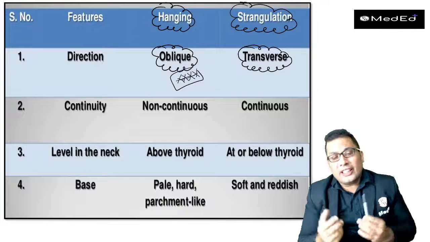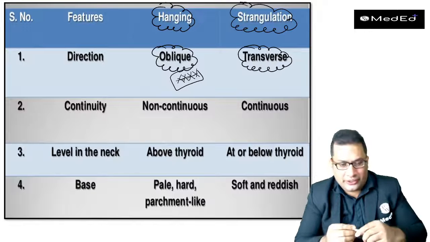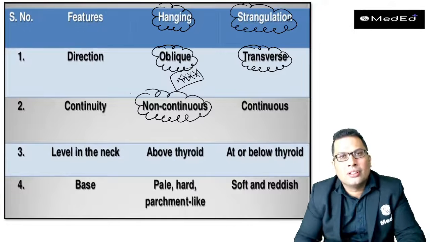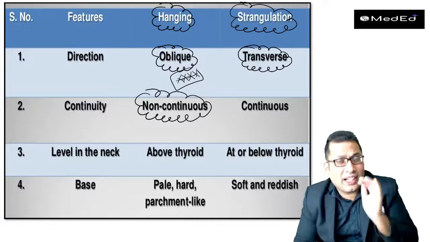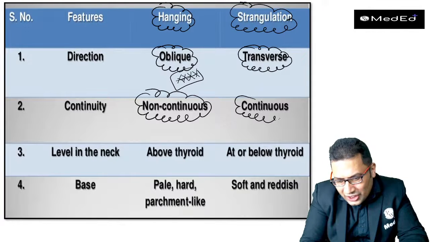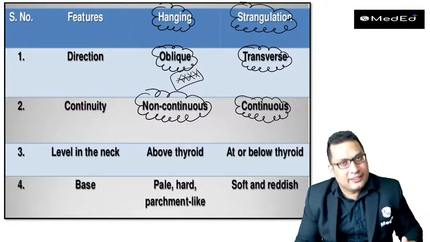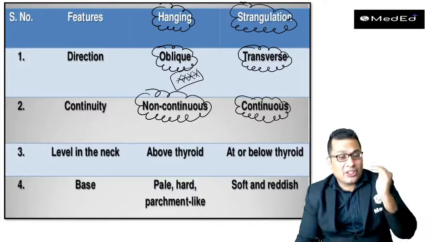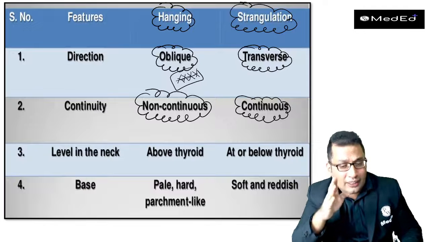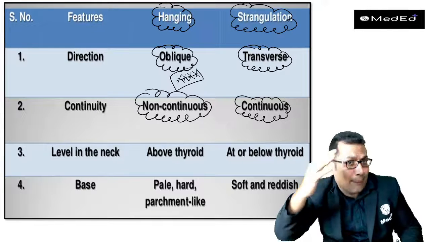Continuity: in hanging, the ligature is non-continuous, usually absent at the site of the knot. But in strangulation, it is continuous, completely encircling the neck. Then the level in the neck: in hanging, it is above the thyroid cartilage or above the Adam's apple.